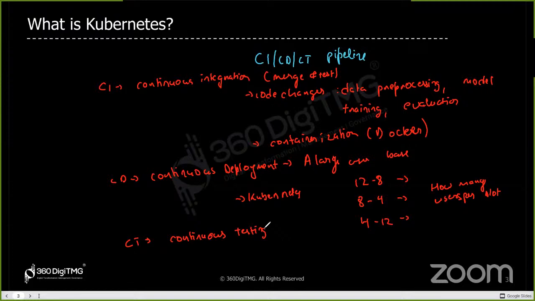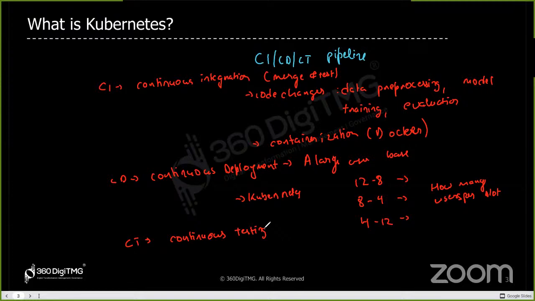Okay. And then we have continuous production deployment. Once everything is done, okay, you can say that successful models will be automatically deployed in production. Okay. But in continuous delivery, there still might be an aspect of manual approval, which might be required.